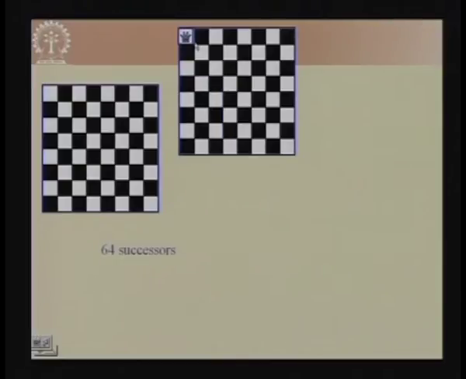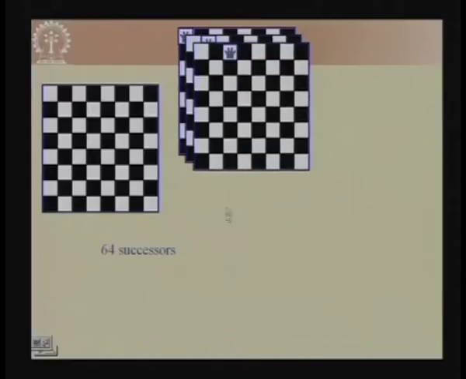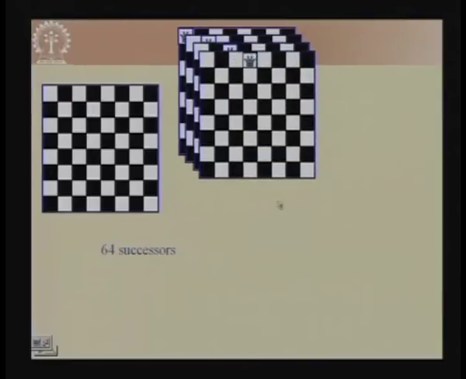So, in this formulation, this is the initial state. This state will have 64 successors depending on the placement of the first queen that we introduce. So, this is one successor where we have placed the first queen in this square. This is the second successor, this is the third successor, this is the fourth successor, and so on.